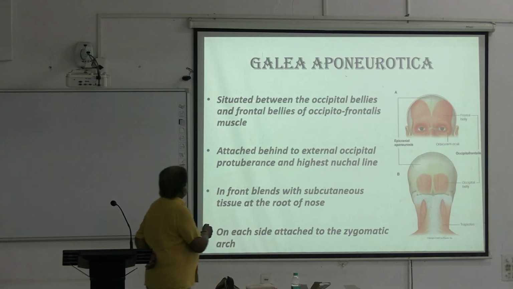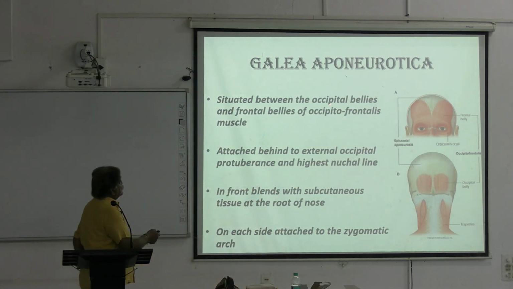Situated between the occipital bellies and frontal bellies is the occipitofrontalis muscle. Attached behind to the external occipital protuberance and highest nuchal line, in front it blends with the subcutaneous tissue at the root of the nose. On each side it is attached to the zygomatic arch.